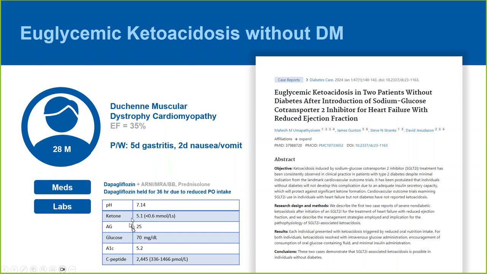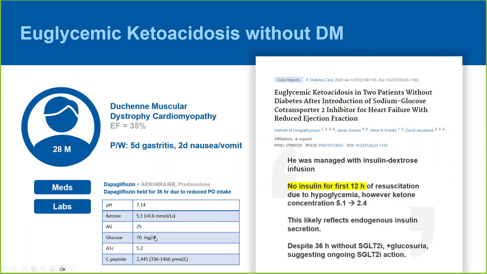But when he showed up, he had a pH of 7.1, he had ketones in the blood, he had an elevated anion gap, his glucose was only 70, and they tried to prove that he really didn't have diabetes because his A1C was just 5.2, and then they even measured his C-peptide and showed that he was pumping out lots of C-peptide, indicating that his pancreas was capable of producing lots of insulin.